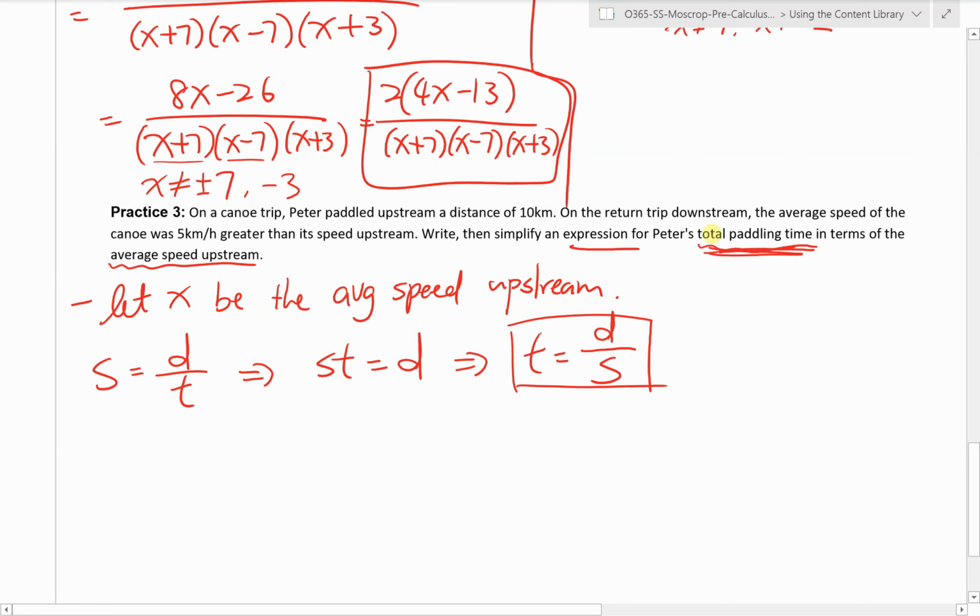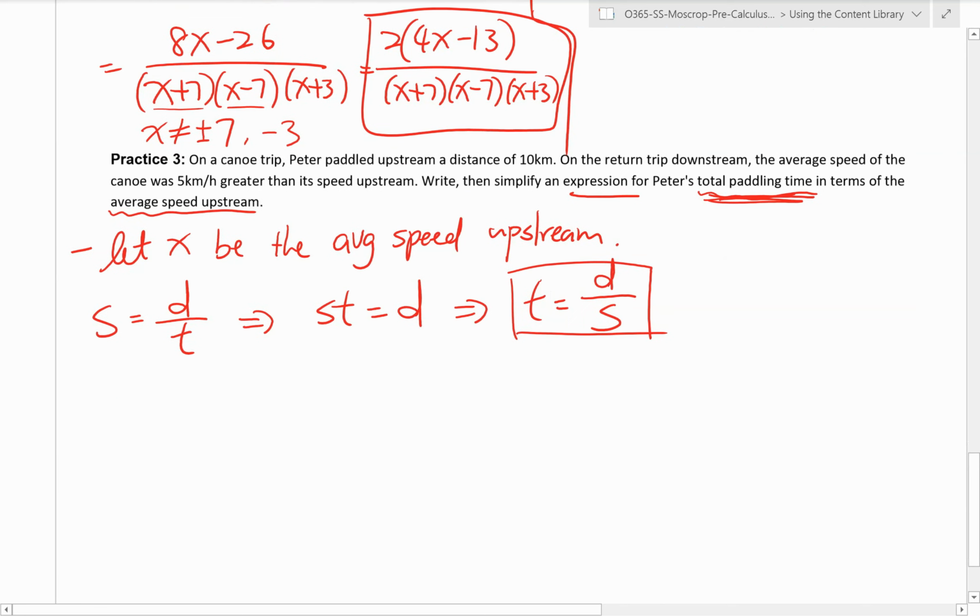Now, total time. Total time means time going up plus the time going down the stream, right? So that's the total. Okay, so I need to come up with the expression for each one of those. Now I do know the distance is 10 kilometers.